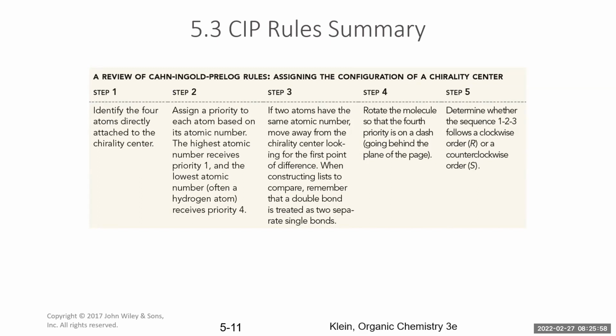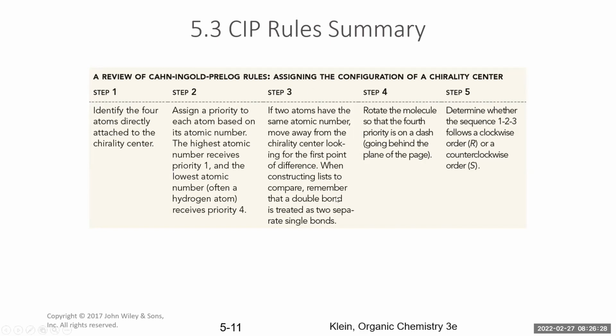This is just a summary slide talking about the different steps in assigning R and S configurations using the Cahn-Ingold-Prelog rules. Again, we're going to identify the 4 atoms directly attached to a chirality center. Assign them a priority number from 1 to 4 based on highest atomic number, using tiebreakers as necessary.